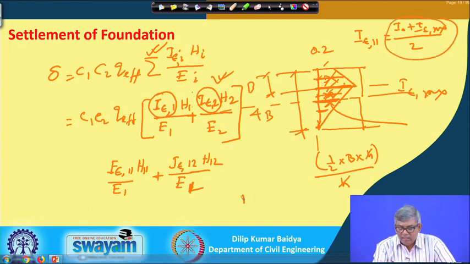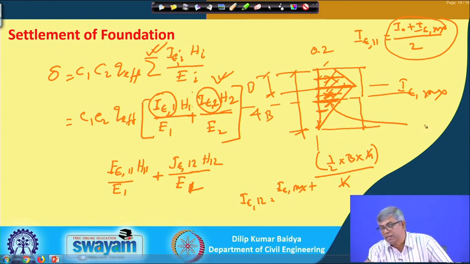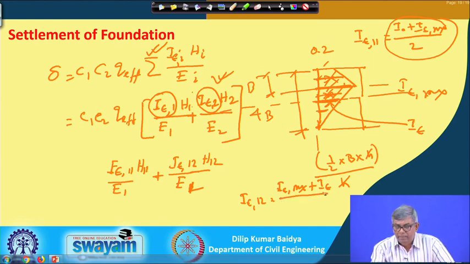Similarly, I epsilon 1 2 will be I E max plus this value, suppose I E of I epsilon, which is to be determined from the symmetric triangle, divided by 2.